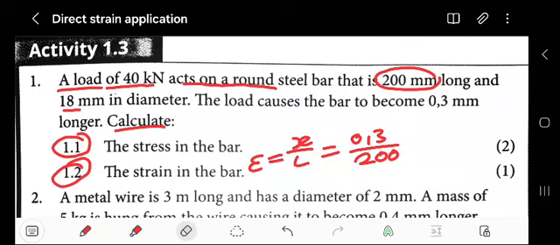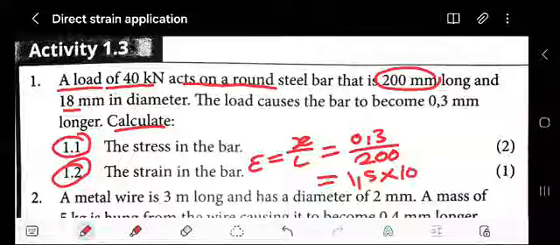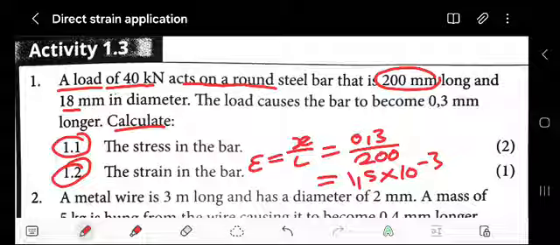So we'll have 0.3, which is the change, over the original length. The strain would be equal to 1.5 times 10 to the minus 3. Strain has no SI units. So this is what we'll have there.